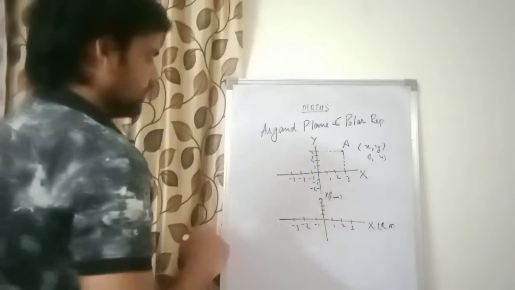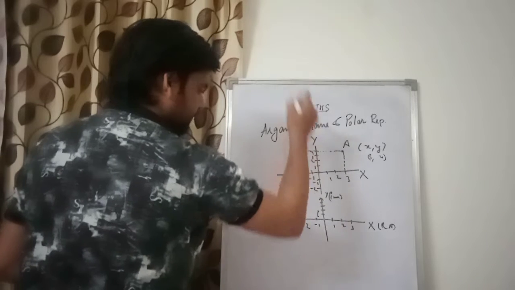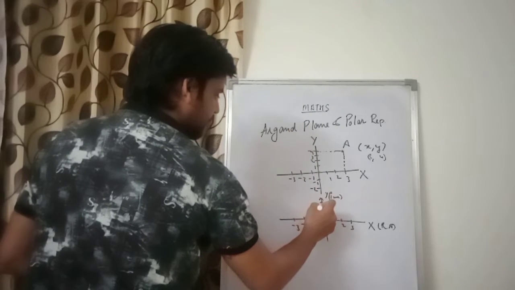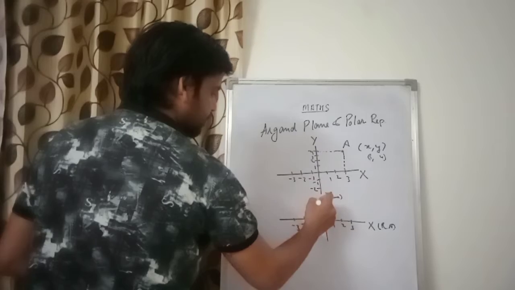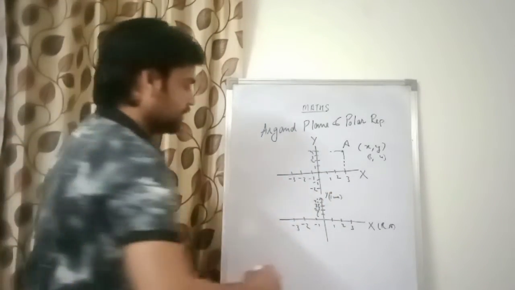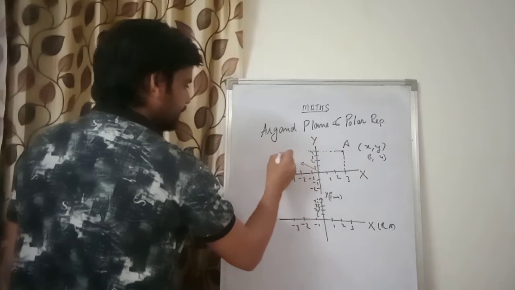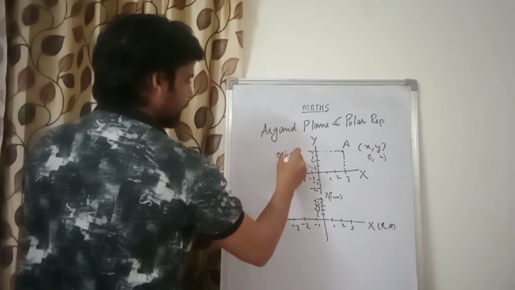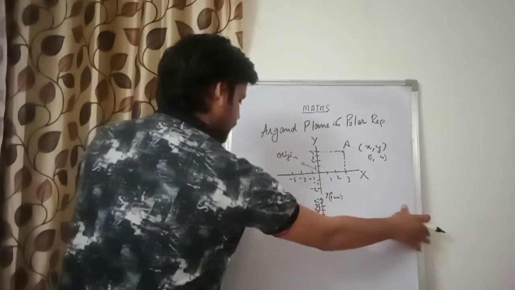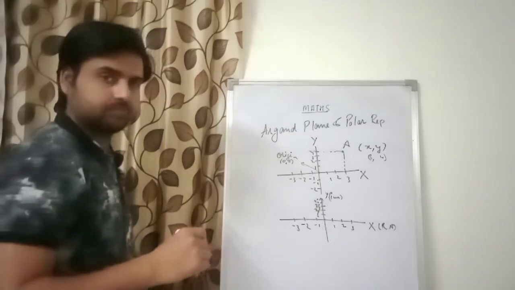So this will be i in the positive direction, next will be 2i, other will be 3i, like this 4i. Okay. Similarly, when we go down, now this point of intersection, in the Cartesian plane, is called the origin, where the coordinates are (0, 0).